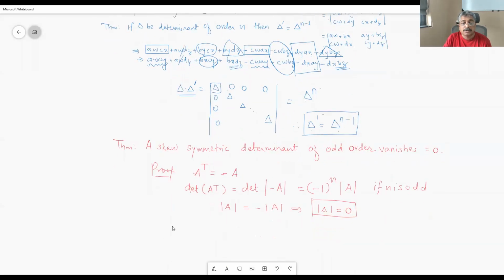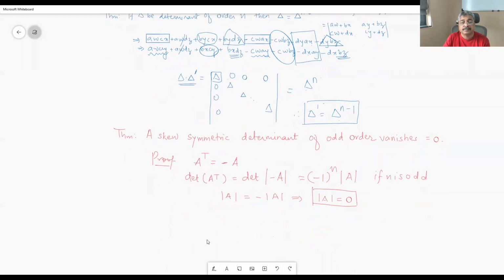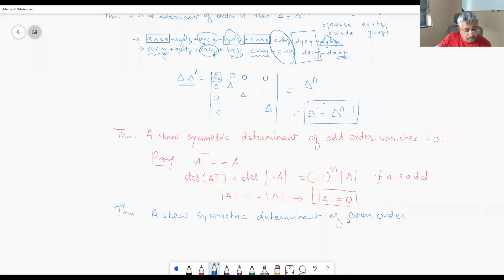Next, a skew symmetric determinant of even order is a perfect square. Proof beyond our scope.